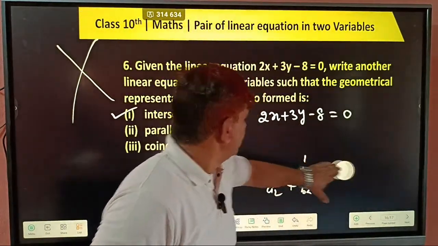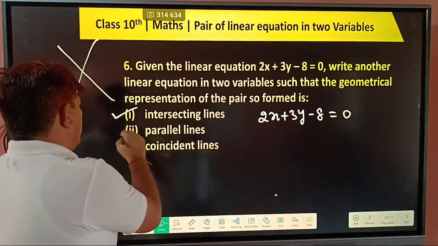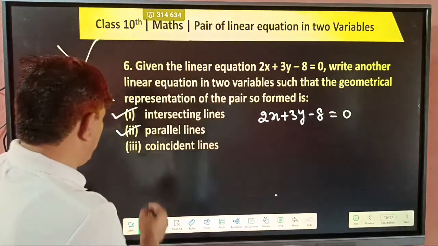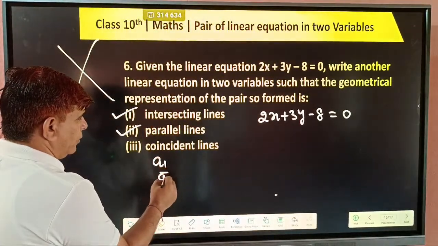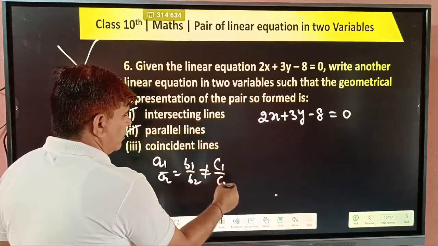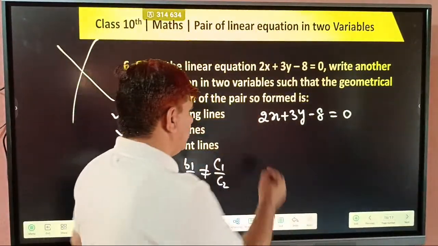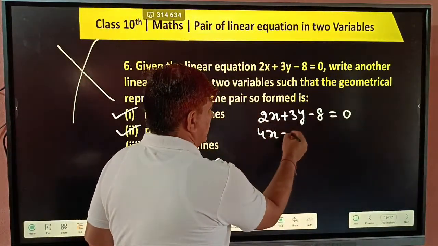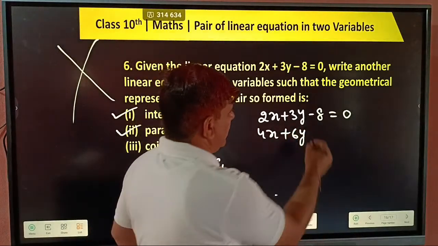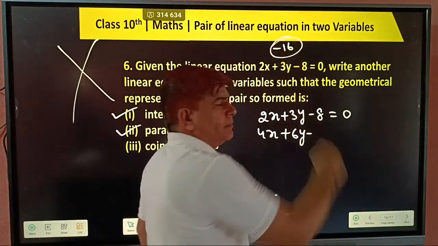The second part of this question is saying parallel lines. What type of parallel lines? Lines are parallel when A1 by A2 equals B1 by B2, not equal to C1 by C2. I can write, multiplying by 2, 4x plus 6y, and here for C, I can write minus 16.